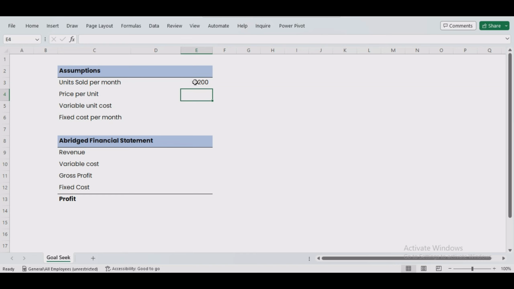Then what is the unit price in the market? Let us assume I'm selling each chicken at a wholesale price of 105 kwacha.